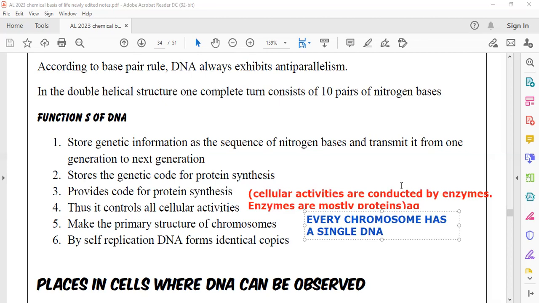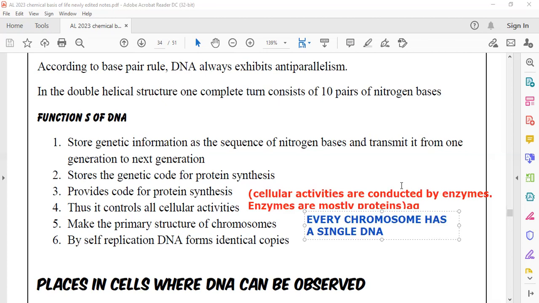Remember, in making the chromosome, in addition to DNA, certain proteins also are involved in making the structure of a chromosome. That's why the fifth point says primary structure, main component of chromosome is DNA.